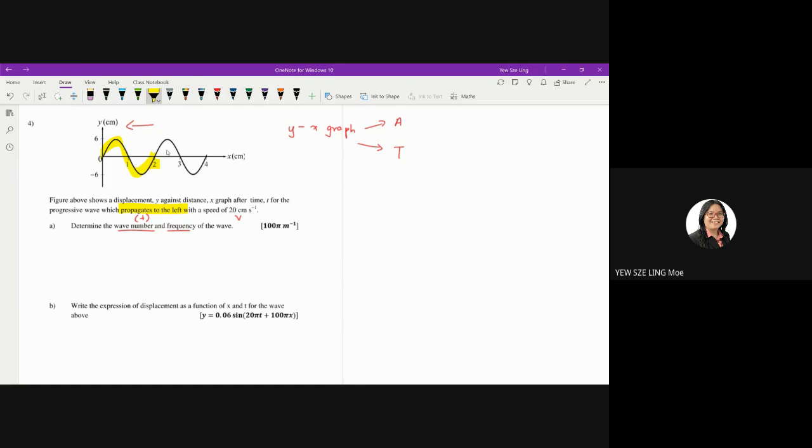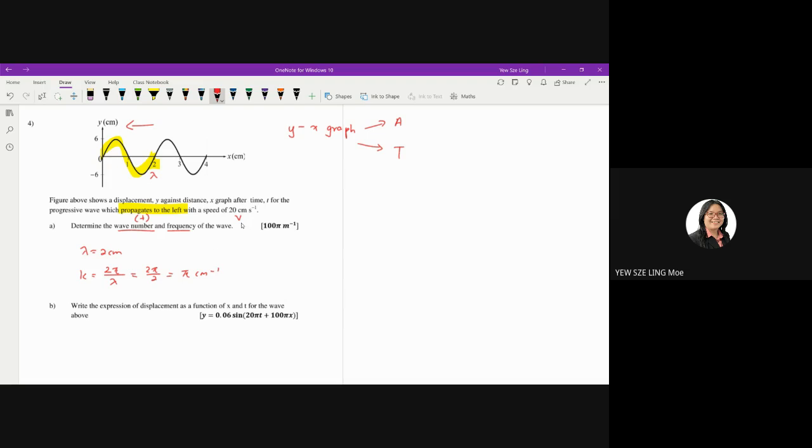After 1 complete cycle, the value along the x-axis is your lambda. So given lambda equals 2 cm, and we know k equals 2 pi over lambda. So k equals 2 pi over 2. Therefore, I have k equals pi cm negative 1.